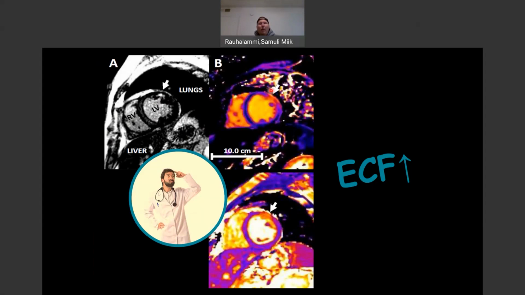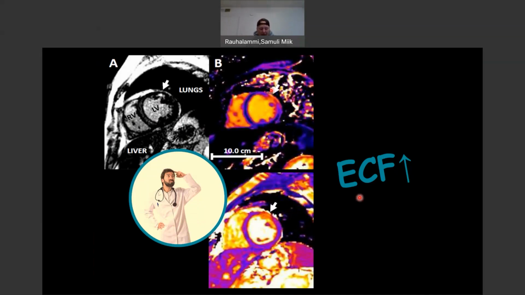So this is one clinical application of what you're learning about the very basic things. So simply by knowing from the lab research that ECF increases in the tissues before the tissue damage is irreversible, if there is myocardial infarction, that helps us to apply this basic concept to something that can really make a huge difference in a clinical decision making of whether an invasive procedure is useful or not.